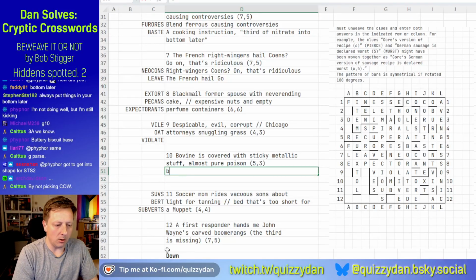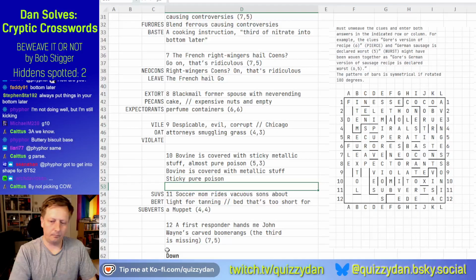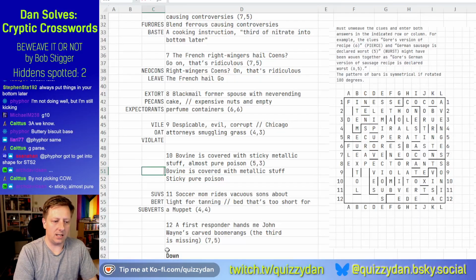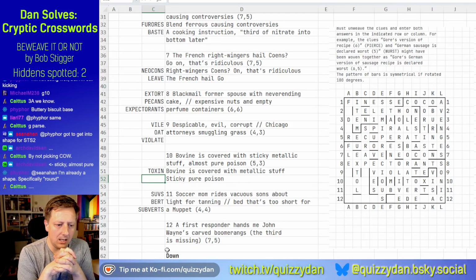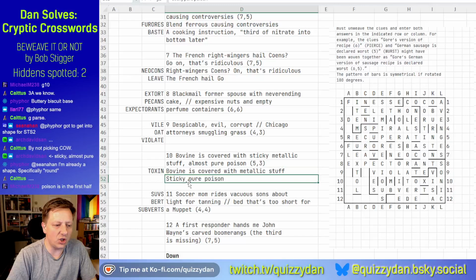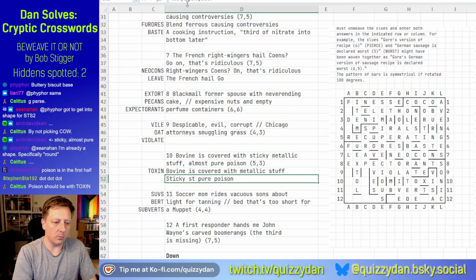Okay. Bovine is ox, and it's going to be covered with metallic stuff. And then we get sticky, pure poison? Because that's ox in tin. But I'm not quite sure I've done that right. So sticky, just sticky stuff. Sticky stuff, because I want it to be goo.